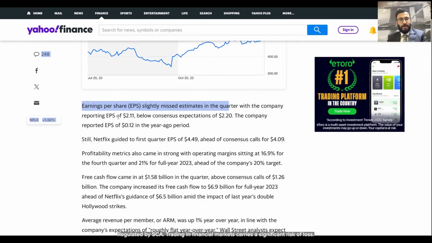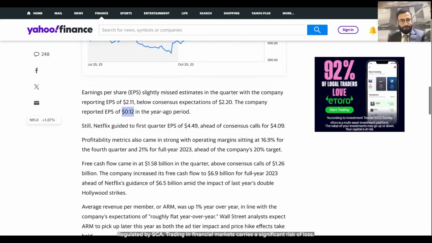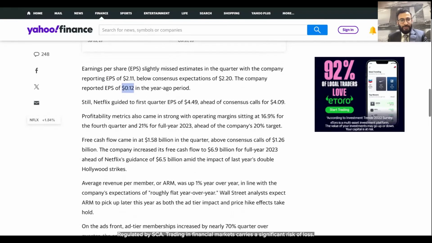So the reported earning per share was 2.1, below expectation, because the expectation was 2.2. The company reported an EPS of 12 cents in the year ago period. So as you can see, 1 year ago their earning was very less, but 1 year after the earning has come better, but still less than the expectations, right? Netflix guided to first quarter earning per share of $4.50, which was ahead of Wall Street estimates.